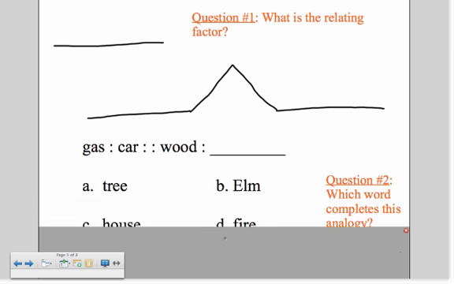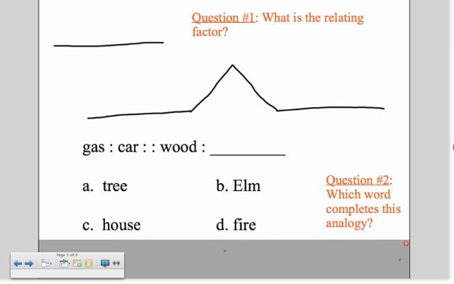Question number 2. Which word completes this analogy? Remember, you're looking for that common relationship. Which of these words would fit that common relationship? When you're ready, we'll move on to the next analogy.